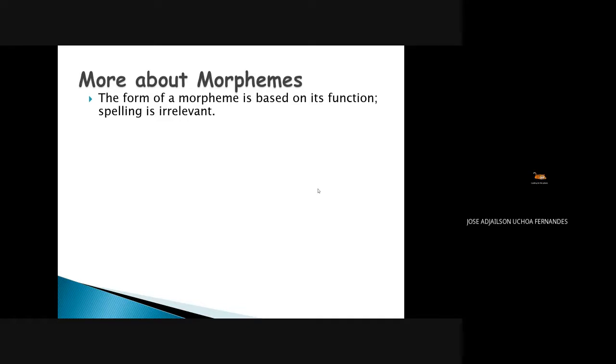Spelling is irrelevant. Remember, I told you in the chart, spelling is not relevant to define if a morpheme with a different phonetic realization and a different spelling is an allomorph or not. What is relevant is the role it plays in the process of word formation.